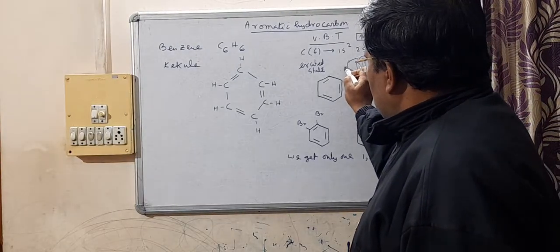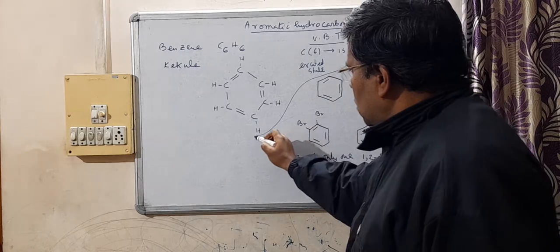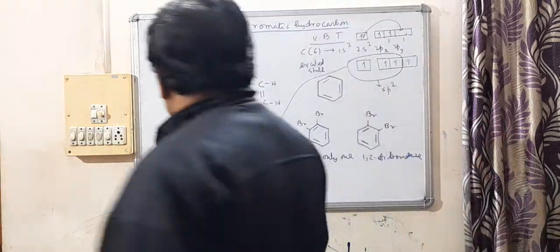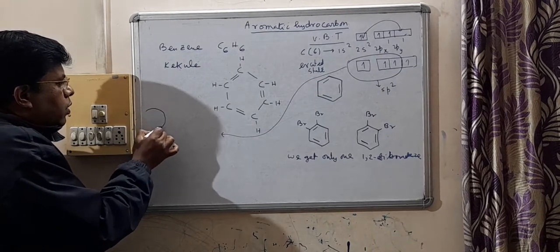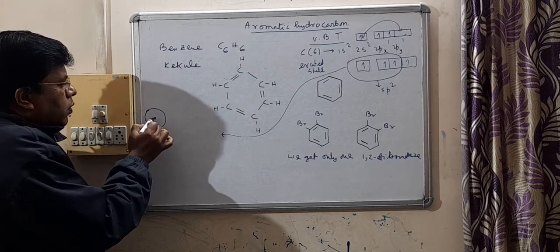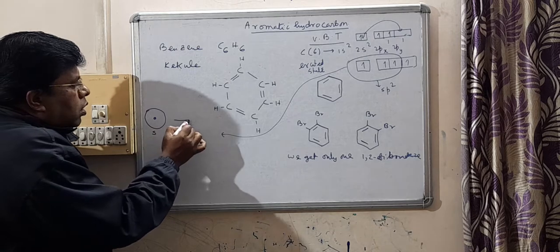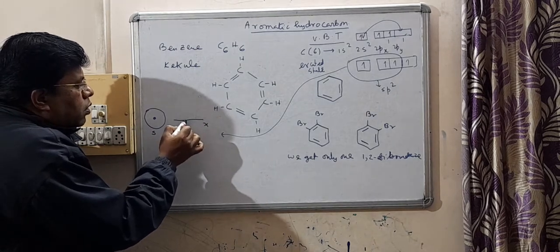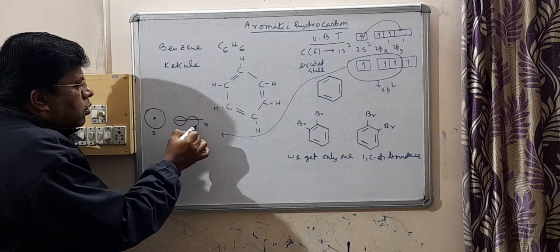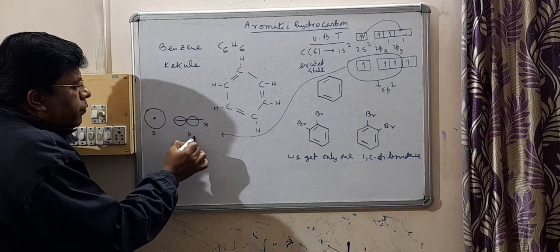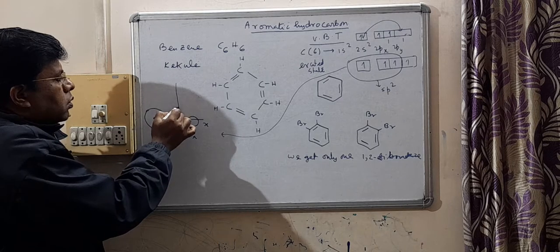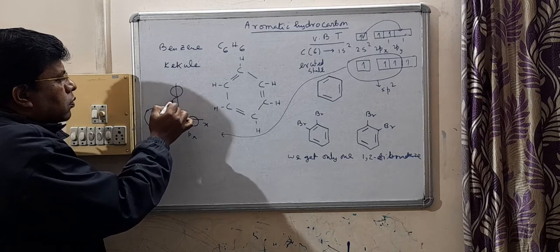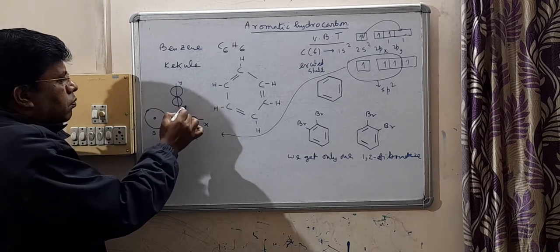So the orbitals which take part in mixing are the s orbital, then px, and py.